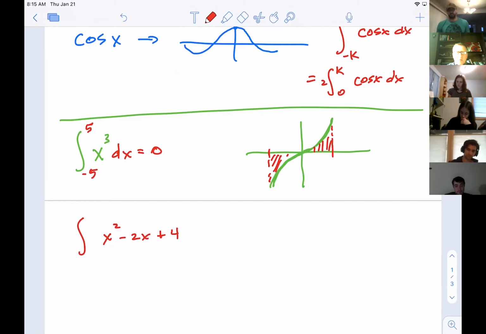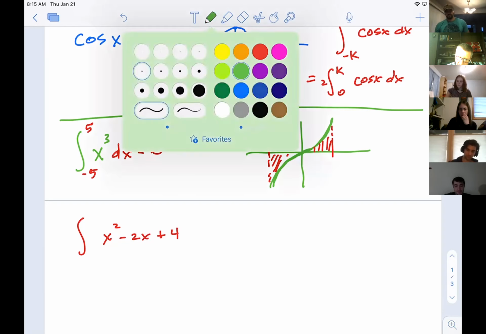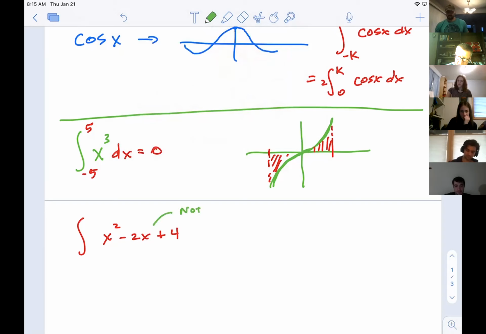So you're not going to multiply this by 2 and kind of get the answer, right? We'll graph it maybe in just a second and note that. So it's not symmetrical about the y-axis.